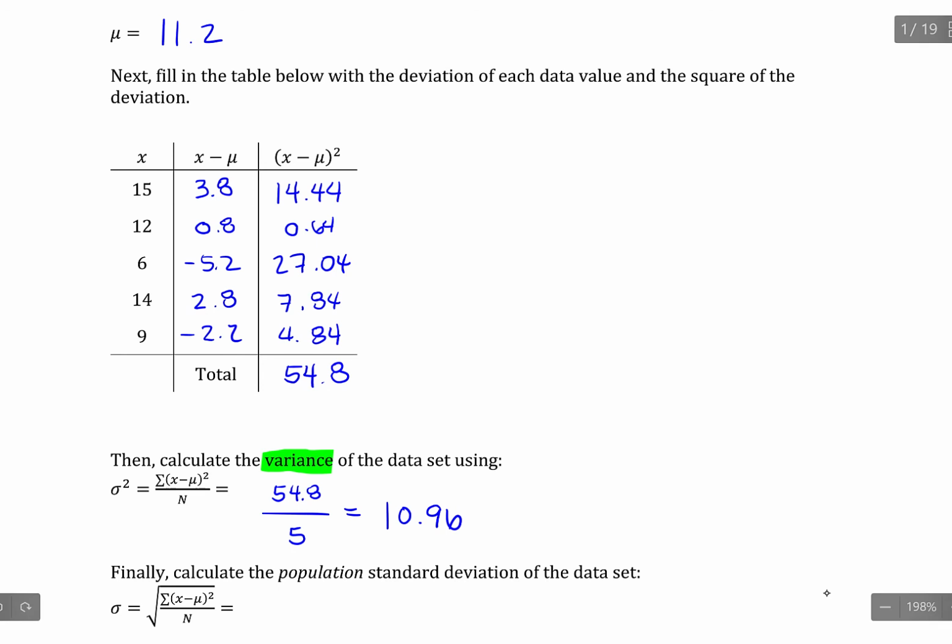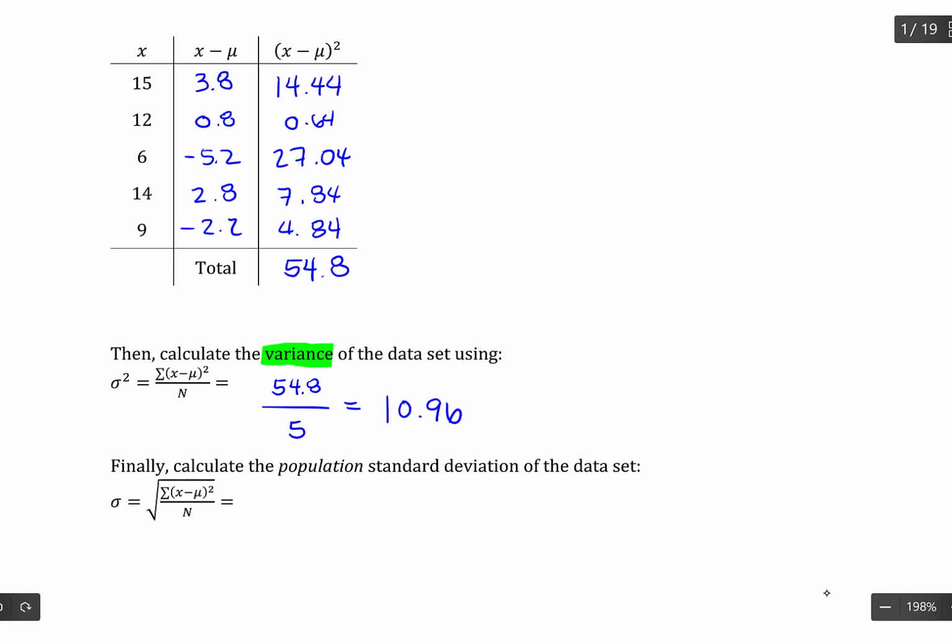Which, if you look at and compare to each of the deviations, each of those values is much less than 10.96. So this value is really much larger than what it should be. And the problem is squaring each of these numbers. So these numbers are inflated by the act of squaring. So to try and counteract that, when we get the standard deviation of the data set, what we do is we take the square root of our variance.